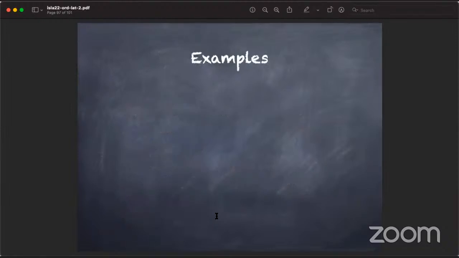So I will finish my lectures with some examples. The power set of any set X, with union, intersection, complementation, the empty set and the whole set, gives us a Boolean algebra of power sets.